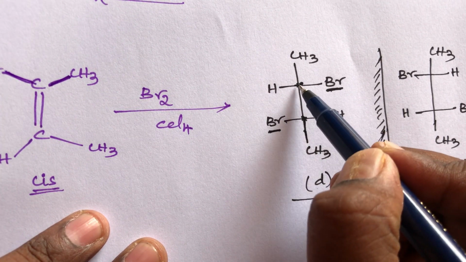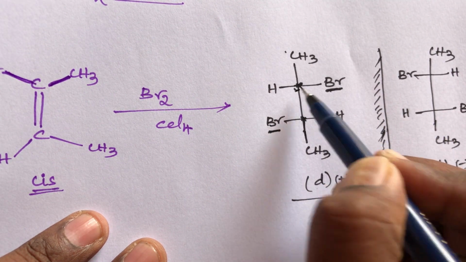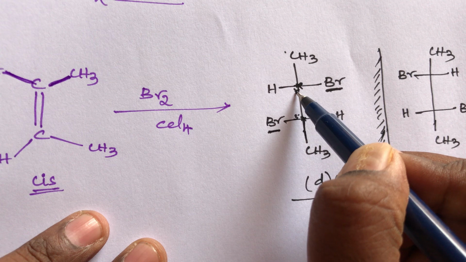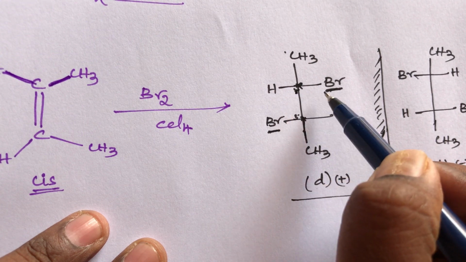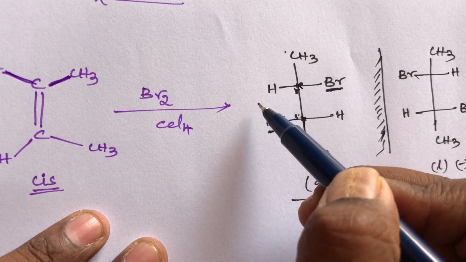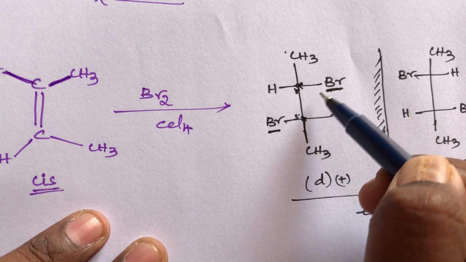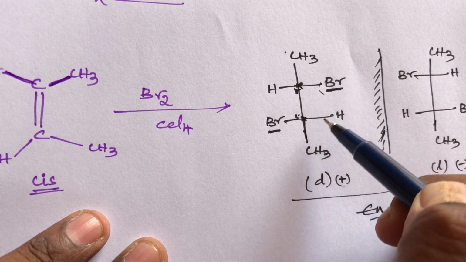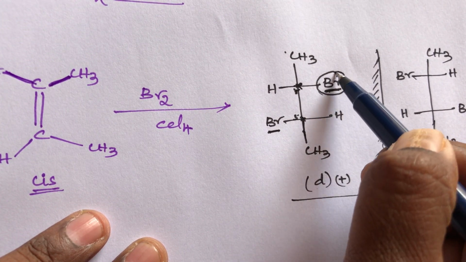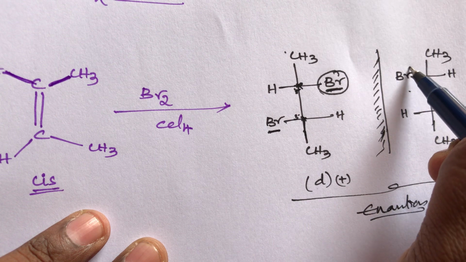In this first carbon, second carbon, the second chiral center, the third chiral center. So this second carbon is a chiral carbon. This chiral carbon has four different groups: one bromine, one methyl group, one hydrogen, and the remaining group. In this second carbon, in the first structure, bromine is present on the right hand side. In the second structure, bromine is present on the left hand side.